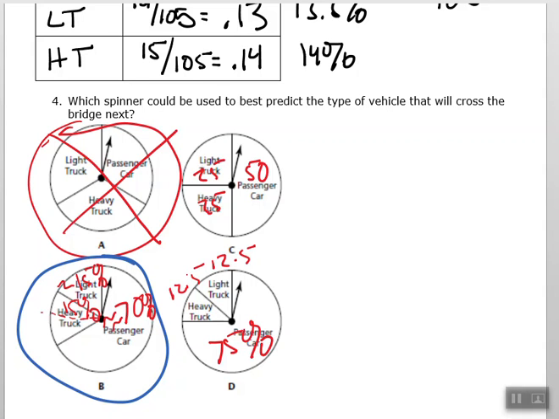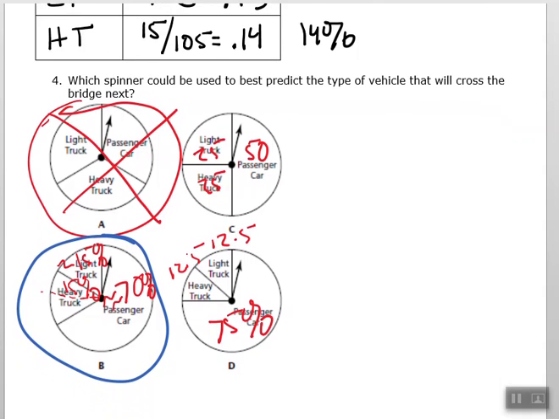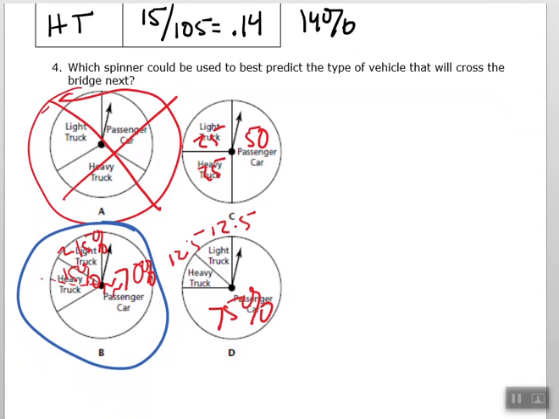Now, because a lot of this is just eyeballing it and guesstimating, if you chose letter D, but everything up top was correct, so for example, if this was a two-part problem and you did part A correctly but chose letter D for this part, I would accept that answer. Because I feel like it's possible to go both ways on that when you don't have the percentages given to you.